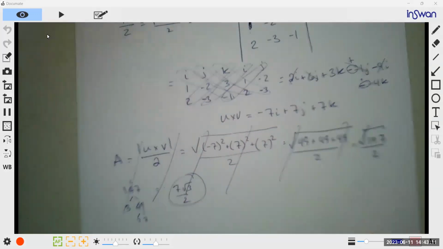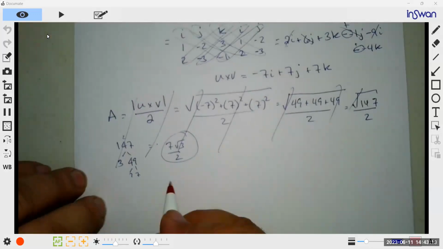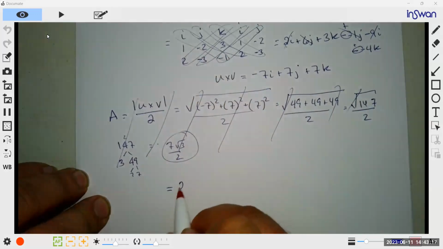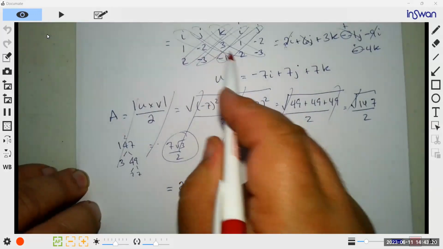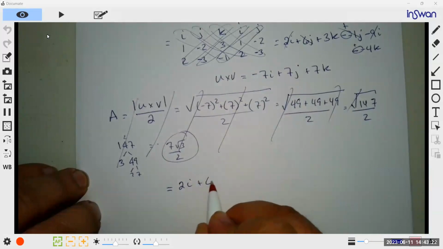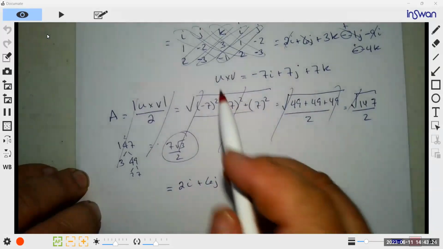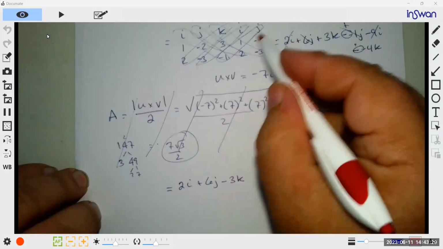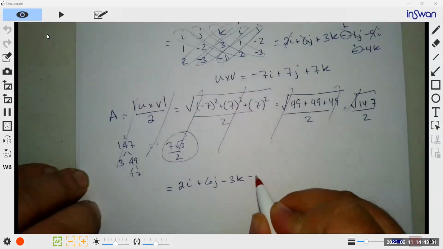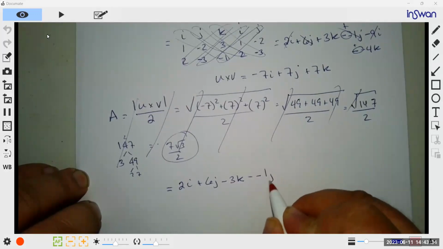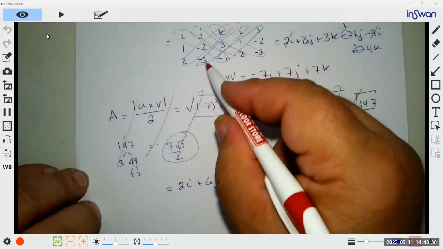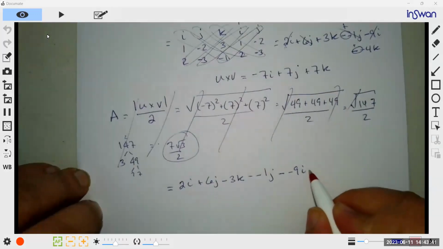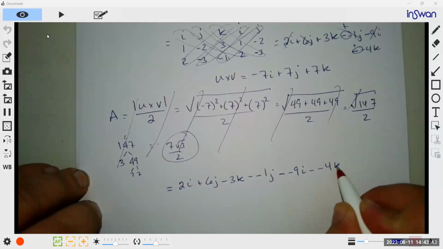So let me do this matrix. Negative, so it makes it 2i plus 6j minus 3k minus a -1j minus a -9i minus a -4k.